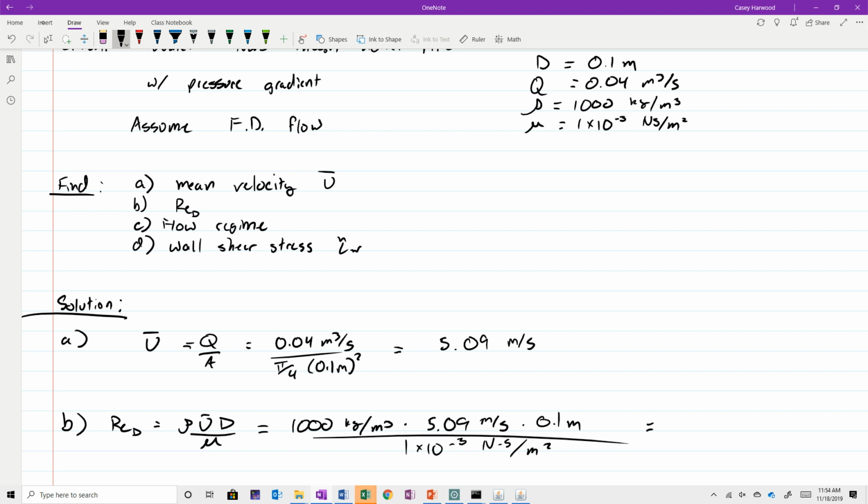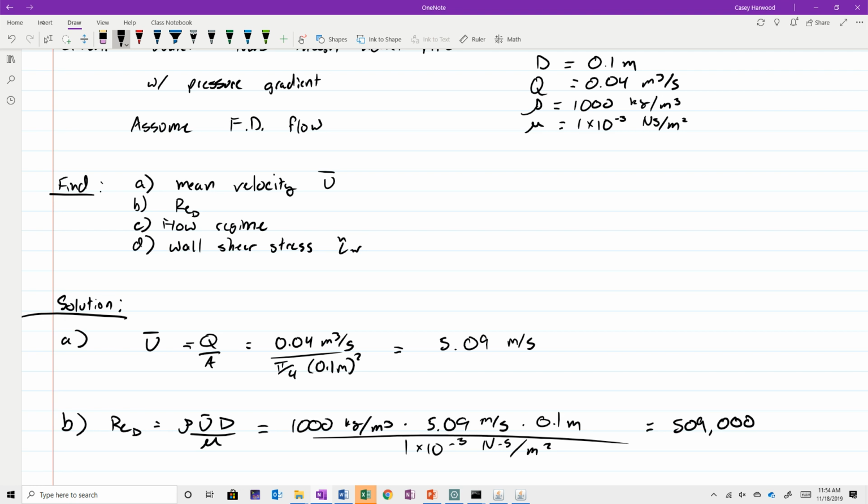And this one's pretty friendly because we've got essentially a bunch of ones and zeros. So we've got 1,000 times 0.1, so 100, over 10 to the -3rd. So 100,000 times our 5.09 meters per second. So we're going to end up with 509,000 for our Reynolds number.